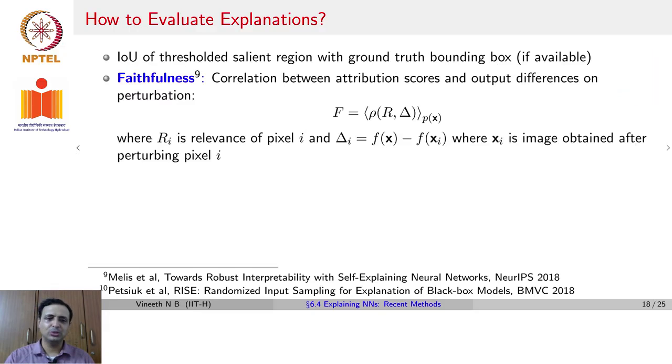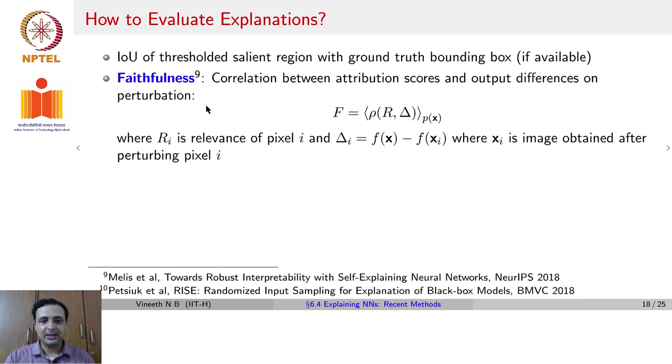What else can we use? There's another metric that's been recently proposed in NeurIPS of 2018 and BMVC of 2018, which is called faithfulness. In faithfulness, we measure the correlation between the attribution scores and the output differences on perturbation.